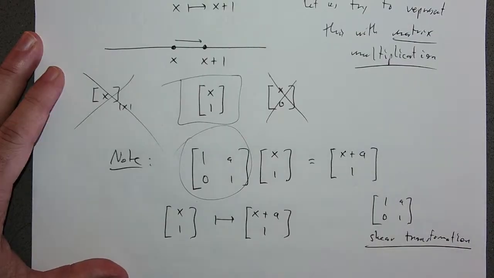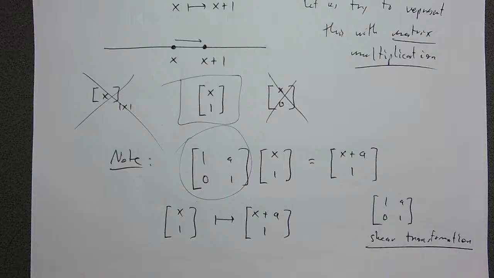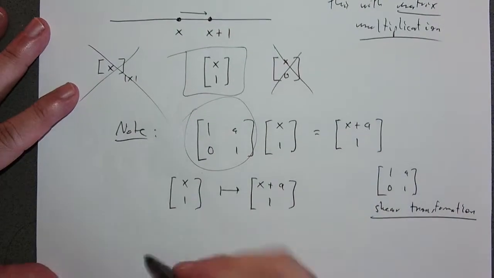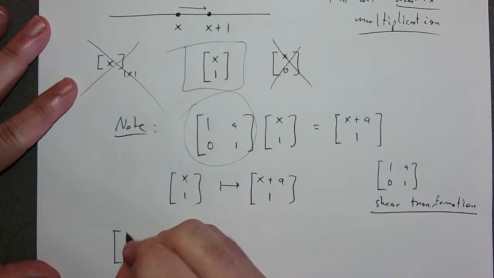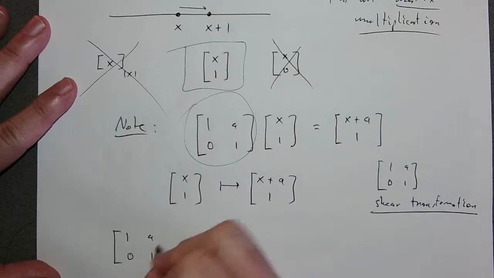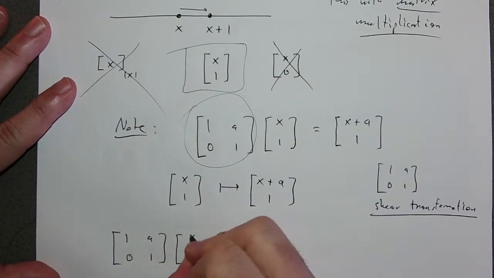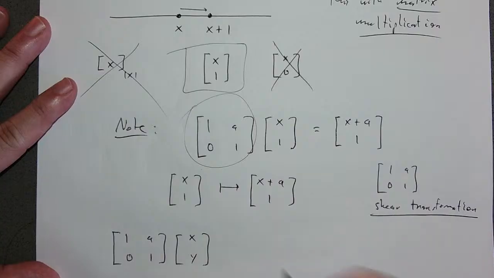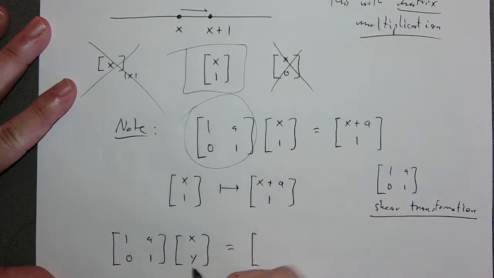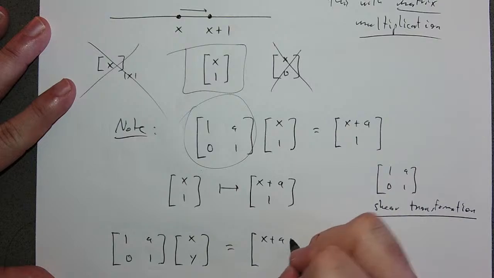And to see why it is called a shear transformation, look what it does to a generic point. If I do this matrix multiplication, what do I get? I get x plus a y, and y.